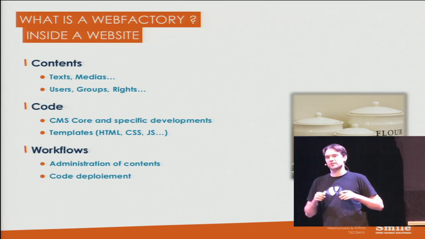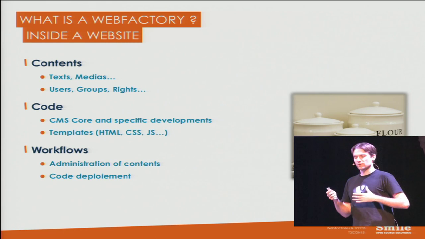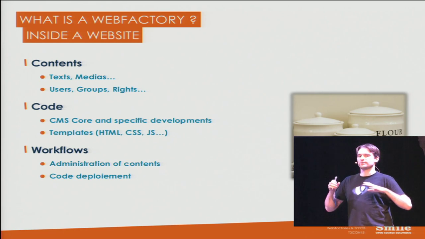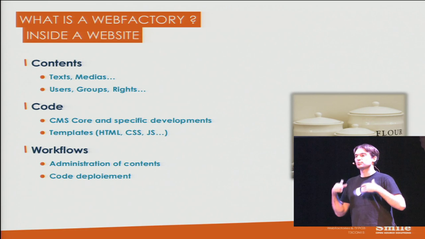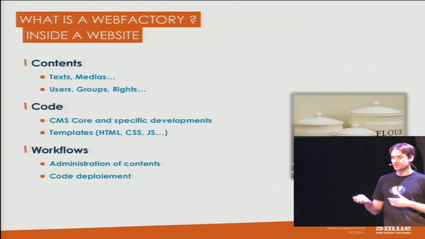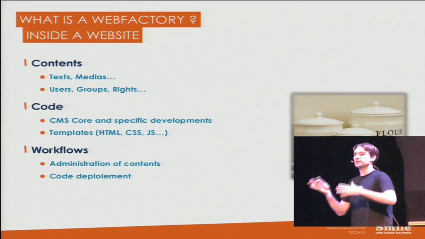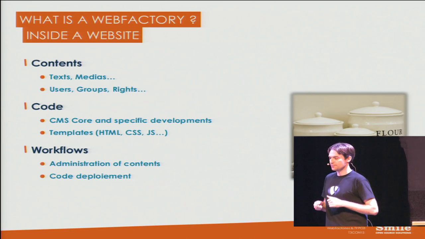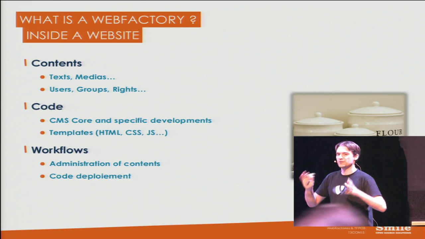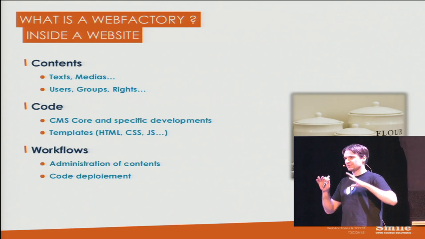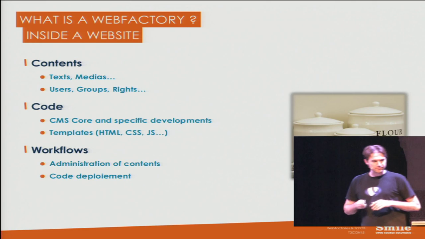And you have a lot of workflows. Workflows are how to generate content, how to publish content, how to update content, also how to deploy PHP code, for example, new updates. All these kinds of ingredients will make your website.